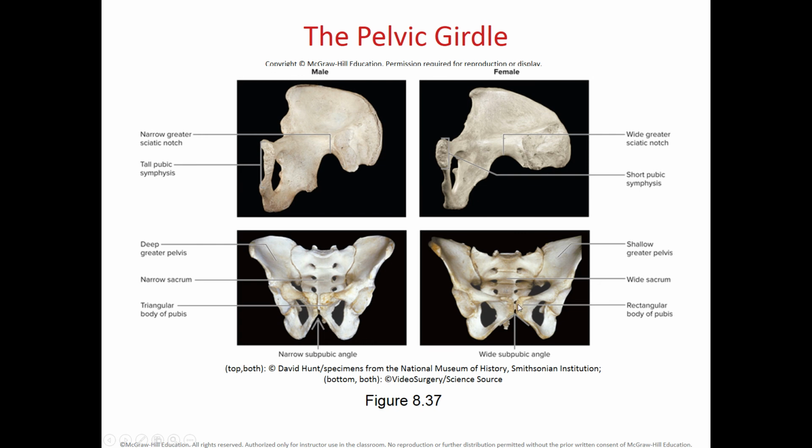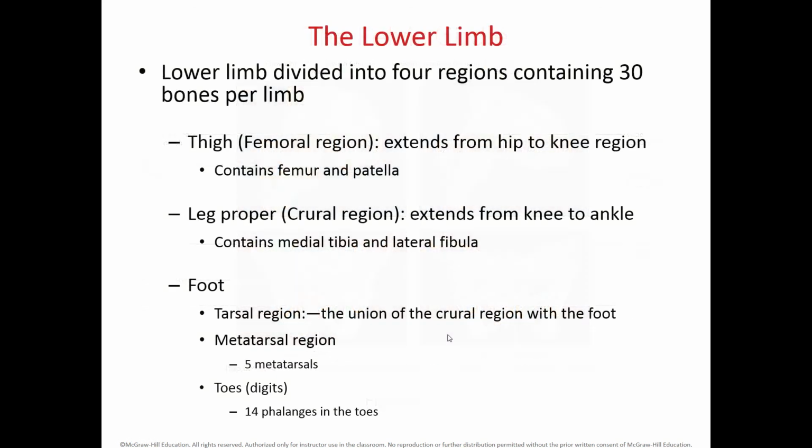And you have a rectangular body of the pubis, a wider sacrum, and a shallower greater pelvis with less prominent markings. And then the inlet in females is round, while in males it has kind of a heart shape and it's narrow, and the outlet is similar.